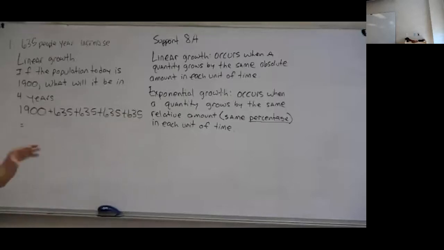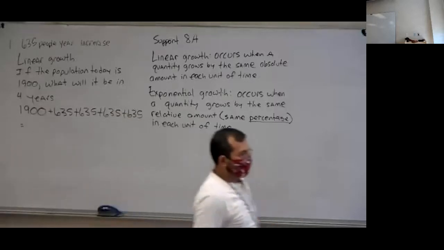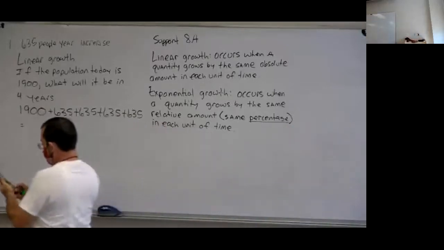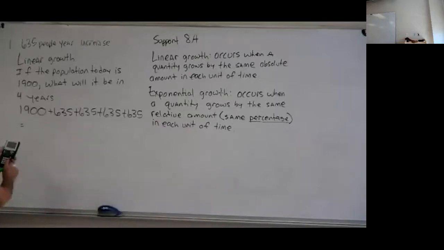And with linear, you're just adding them on, okay? So you had 1,900. When you added 635, that puts you at 2,500 and something here. Plus 635, puts me at 3,100. Plus 635, puts me about 3,800. And then plus that last 635, I'm getting 4,440 people.